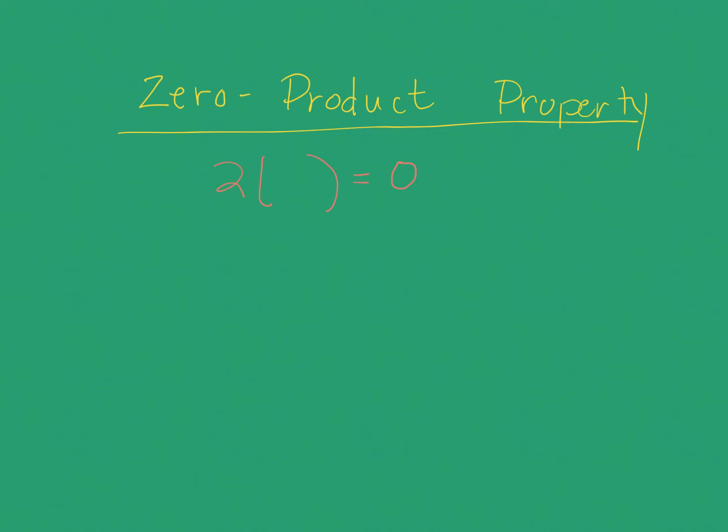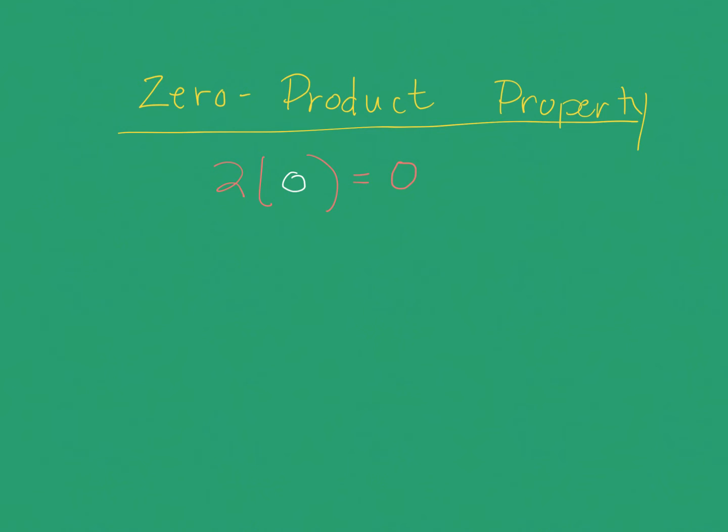So I'm telling you to think about the number 2, and what could you multiply it by so that the product, the result, is 0? We should be thinking that that would have to be 0.